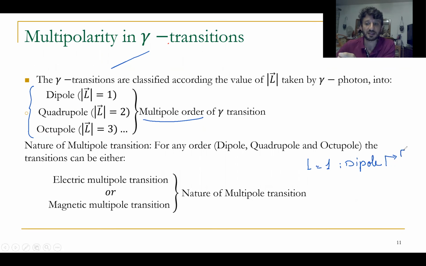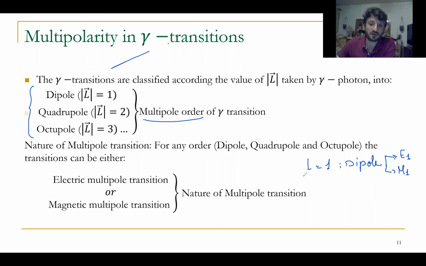We can say E1. When I say E1, it means we have an electric dipole transition. Or it can be M1, a magnetic dipole transition. So here we have two possibilities. It can be E1 or M1. It cannot be E1 and M1 at the same time.